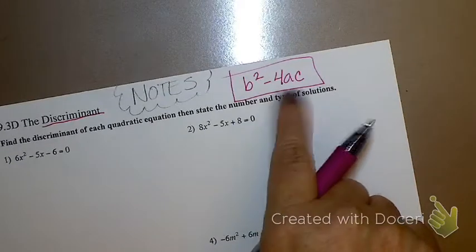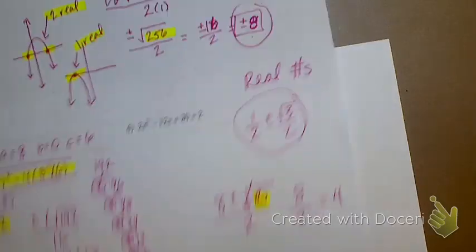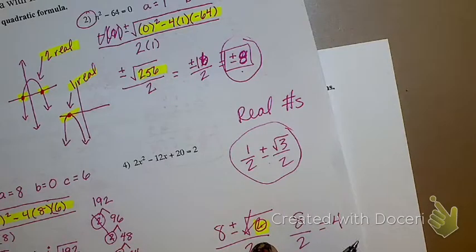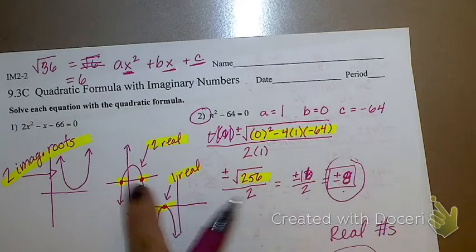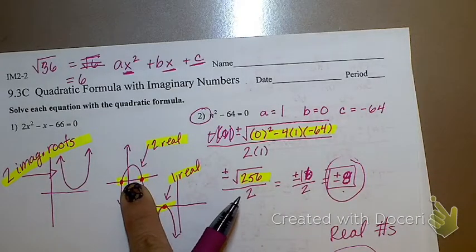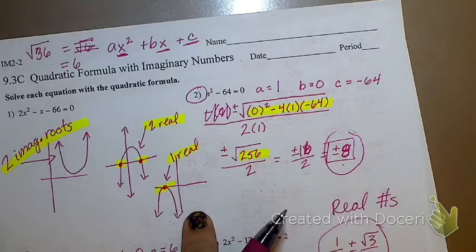If I plug it in here and I get 0, that means I've got a situation like this where I would have one real answer. And if I plug into b squared minus 4ac and I get a positive number, I would end up with two real answers. So we're just trying to see which category we fall into. Those are our only three possibilities.